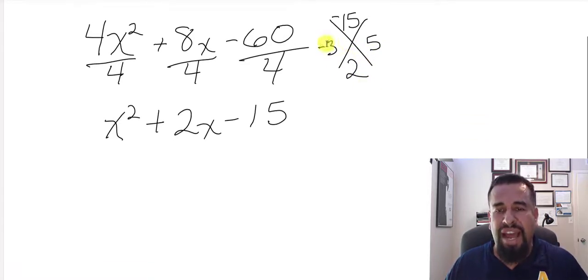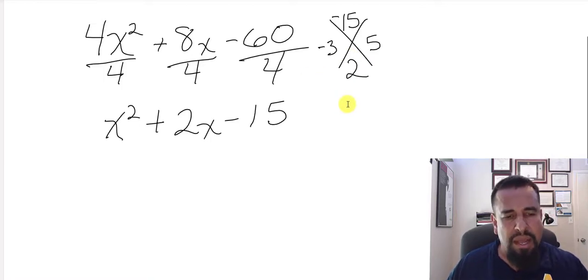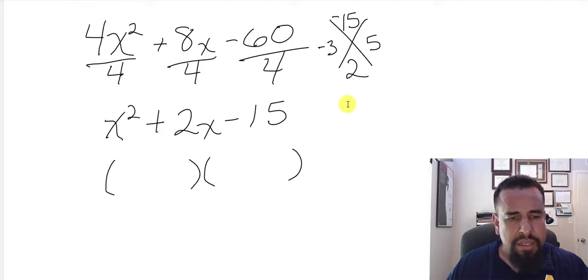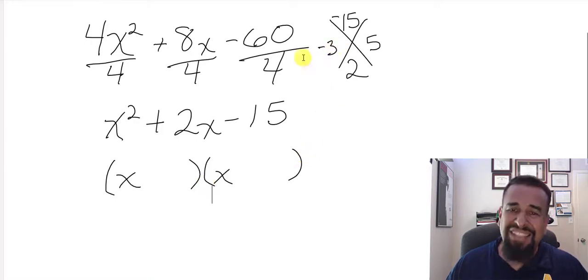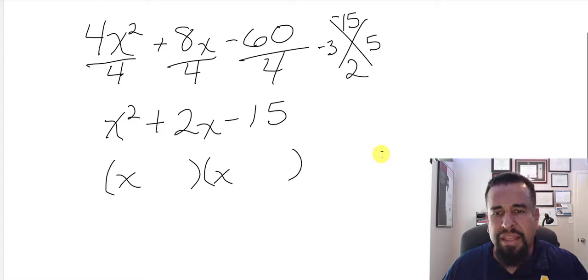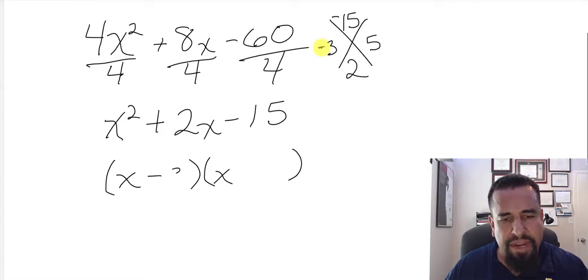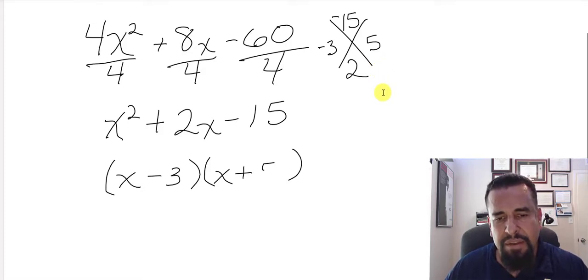So great. I just found my two numbers that I need to write in here. So x and x, remember those two x's come from my x squared. Actually, they come from here. These are the x's, 3x and 5x. And then I have a minus 3, so you write minus 3. And then this is a positive 5, so it's plus 5.